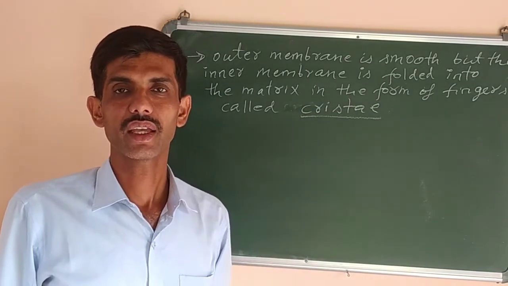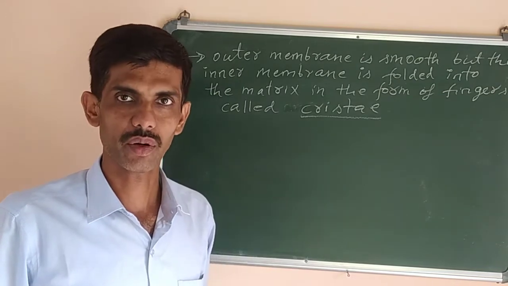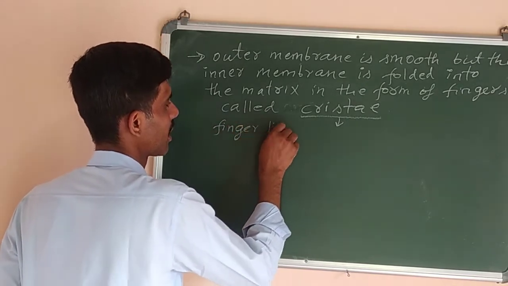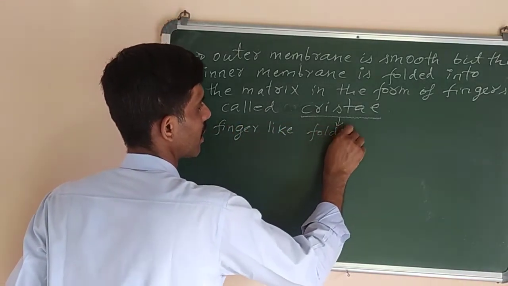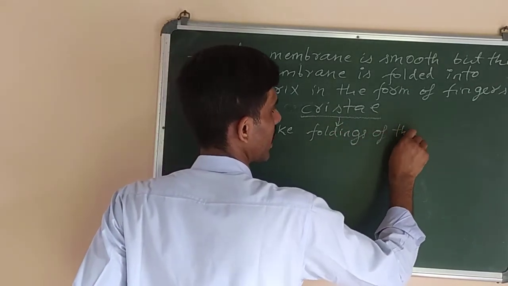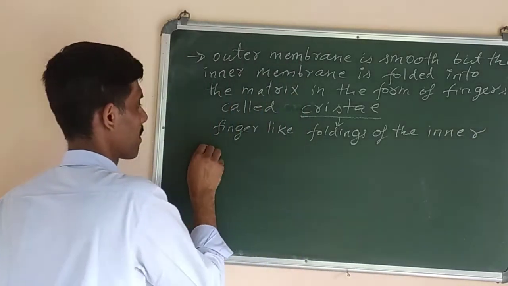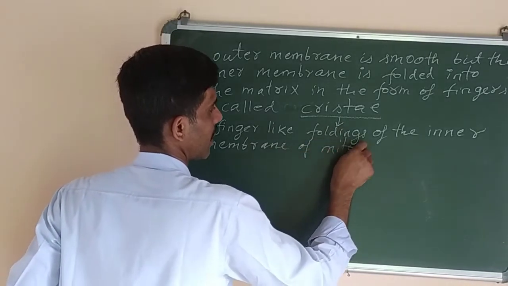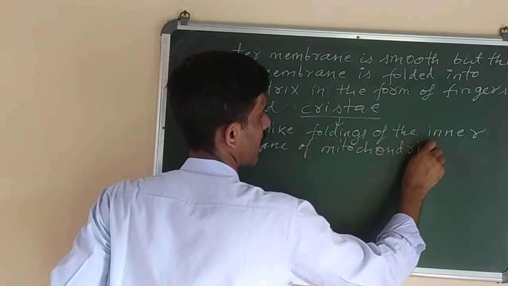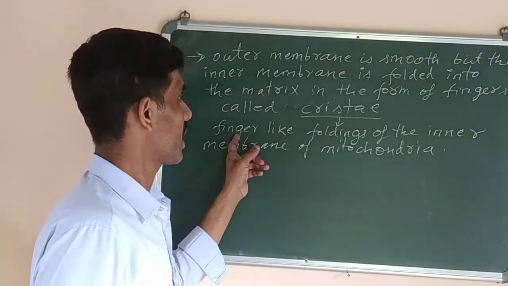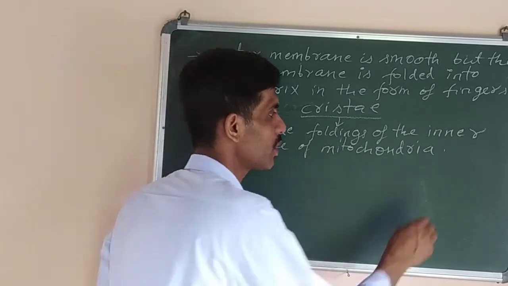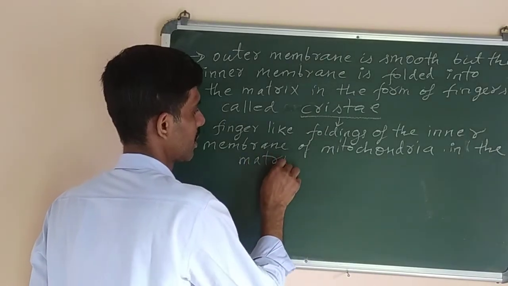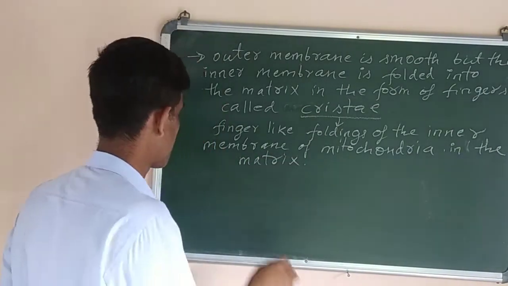Cristae are the finger-like foldings of the inner membrane of mitochondria into the matrix. Alright, now next point.